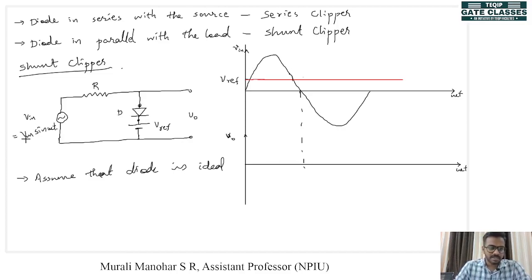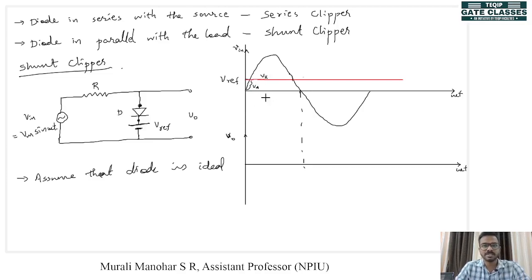So we know that the sine wave is increasing, and the cathode voltage of this diode is clamped to this voltage Vref, and the anode voltage is changing with the input sine wave. So below this reference level, what happens to the circuit? The anode voltage, which is the sine wave, is this part, it is less than the cathode voltage.